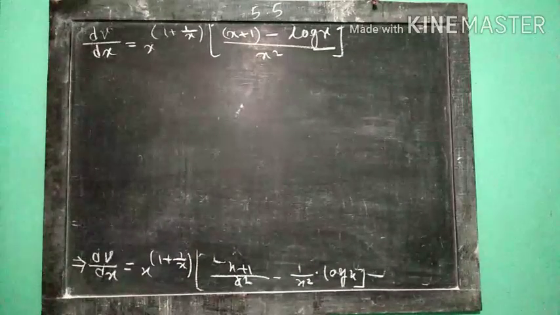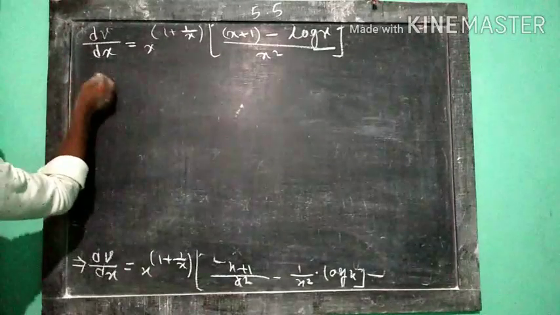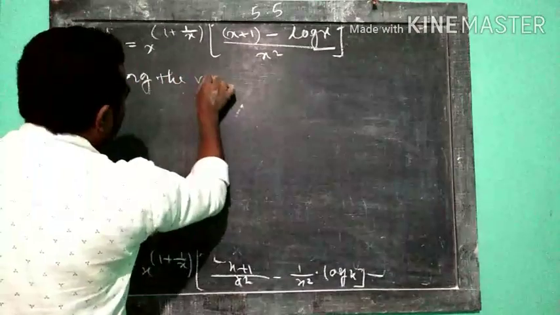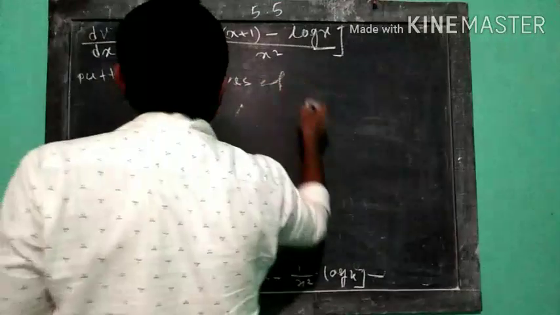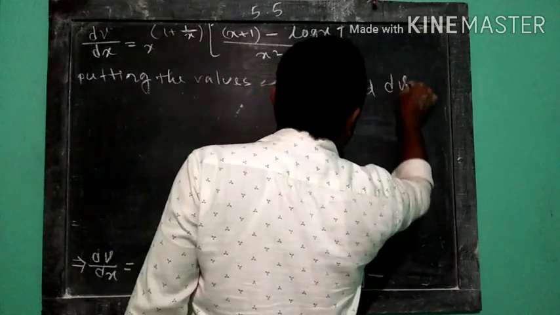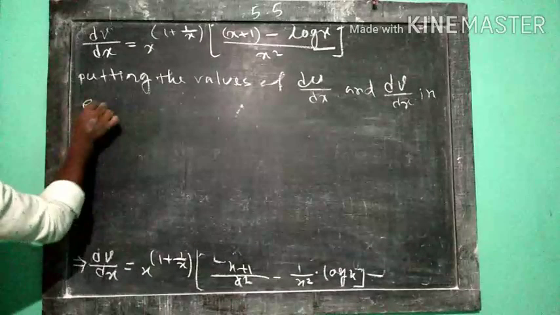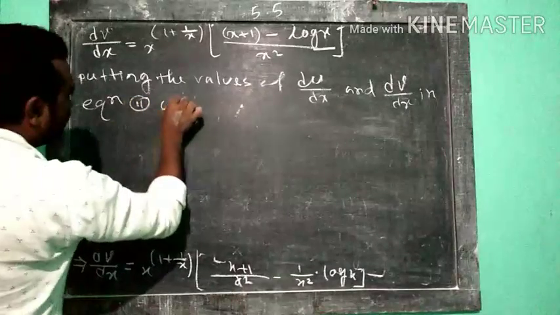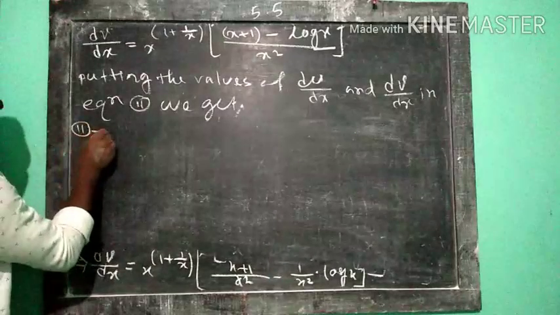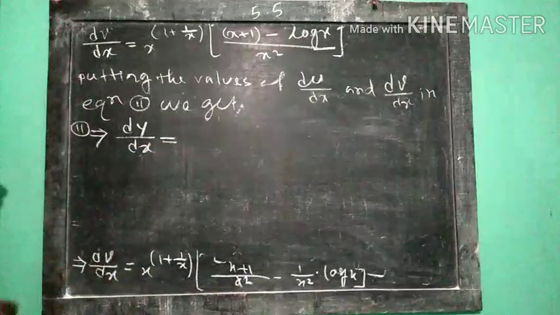Now putting the value of du by dx and dv by dx in equation 2. Equation 2 is dy dx equal to du by dx.